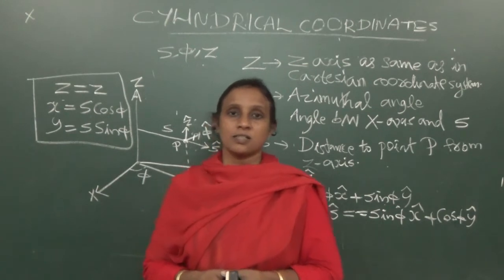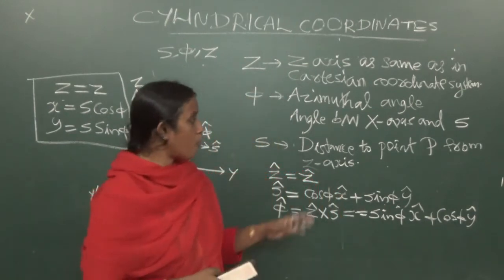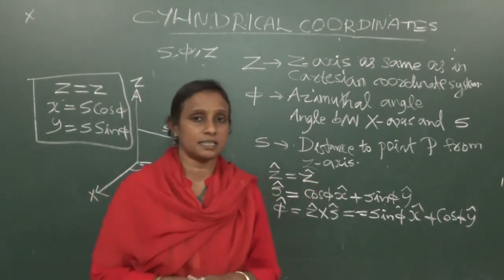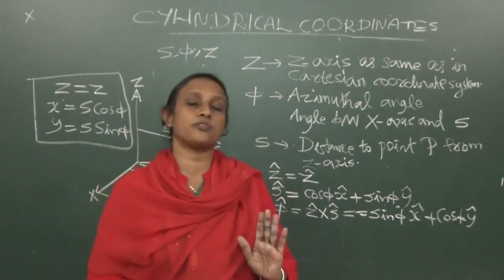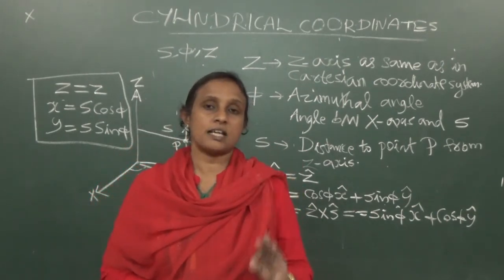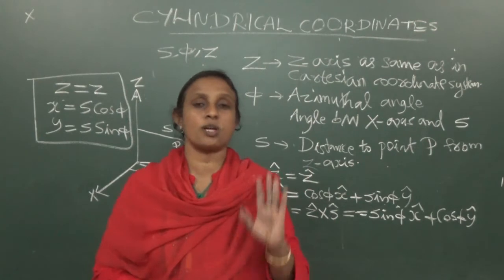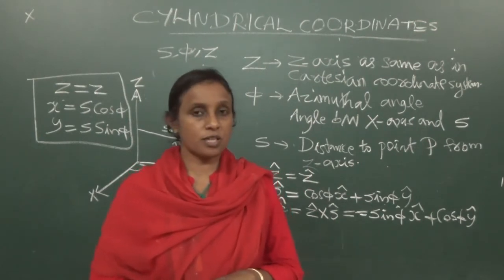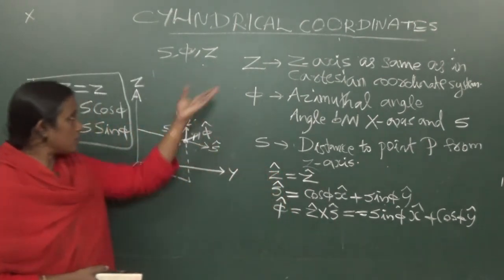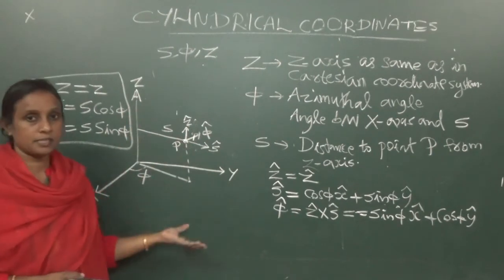So these are the main important points in connecting with the cylindrical system. Next, we want to define its scale factors or length elements and volume element, etc. So just remember all these things.